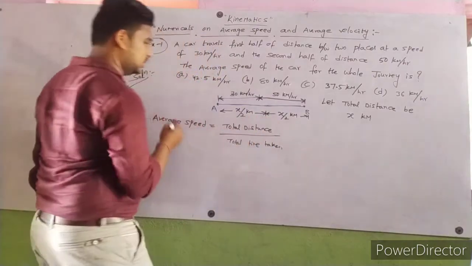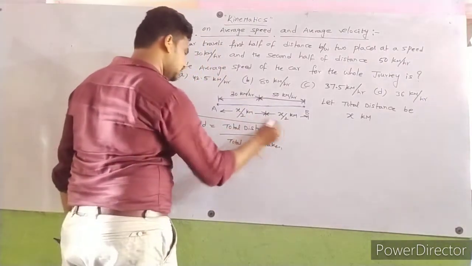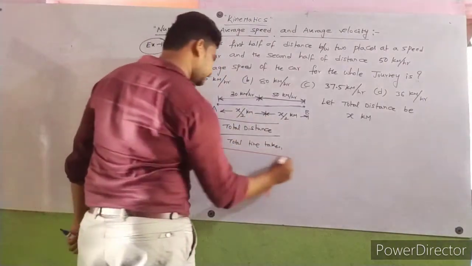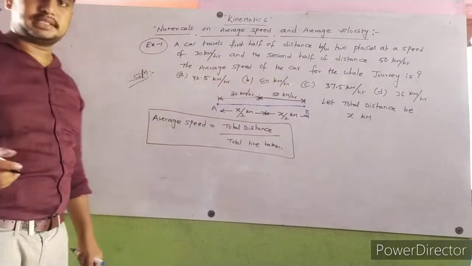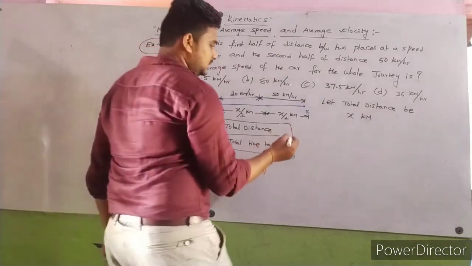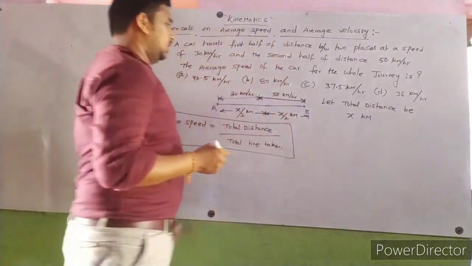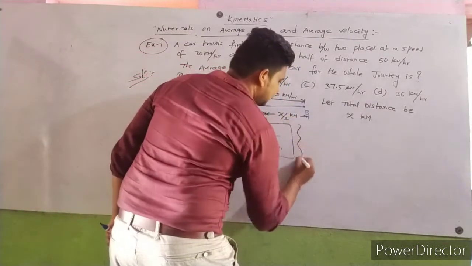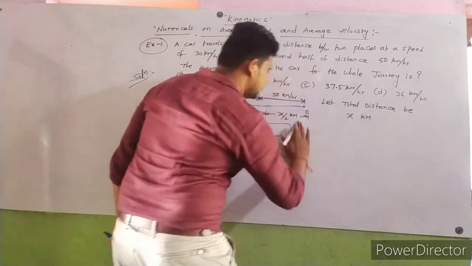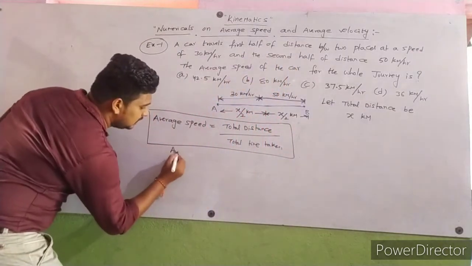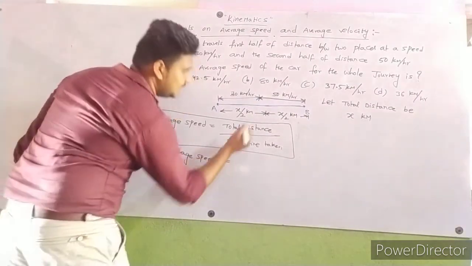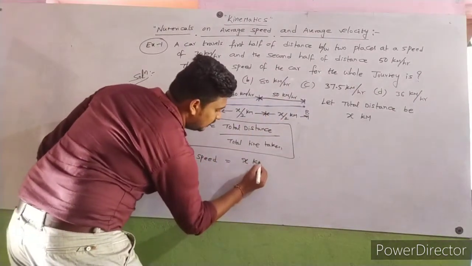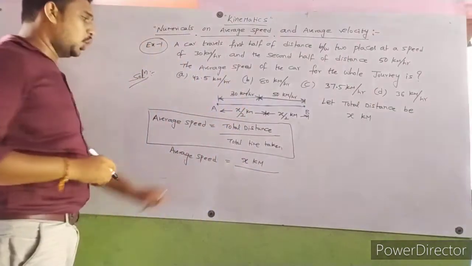Already we know the total distance is x kilometers. So average speed is equal to x kilometers by total time taken.